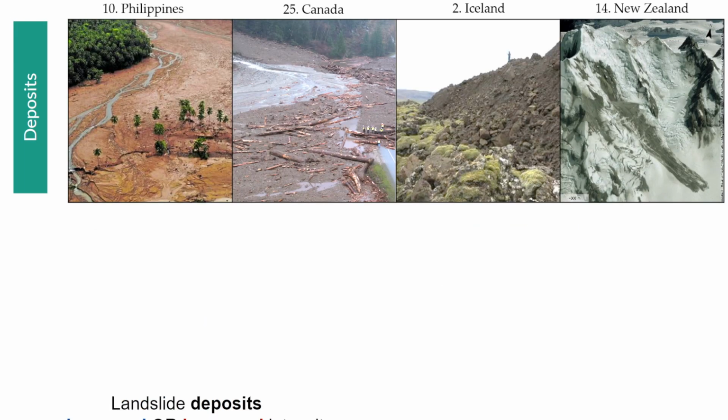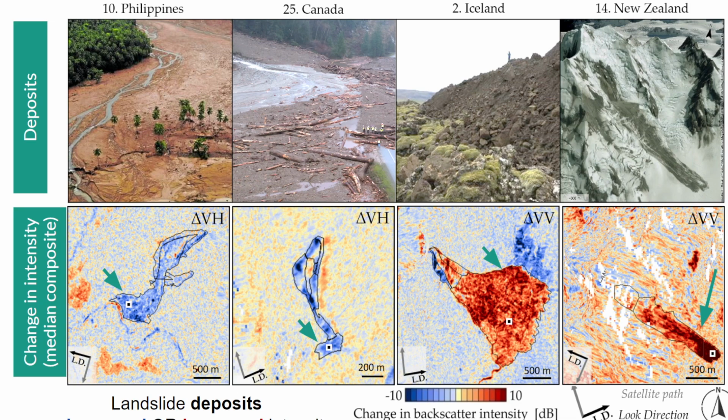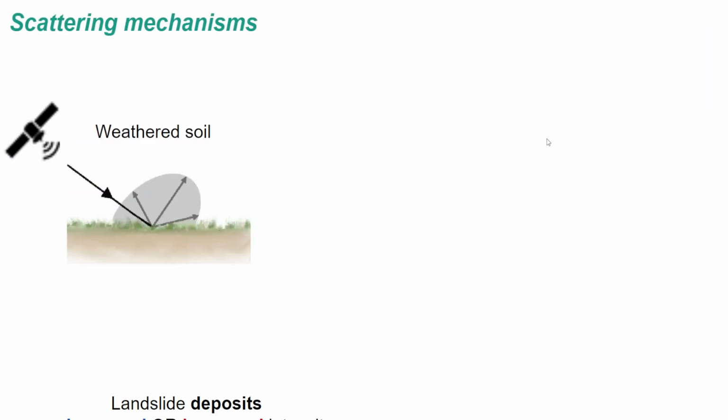So moving on in complexity, here we see examples of landslide deposits. On the left, you can see mud and silt deposits, and on the right, you can see rock avalanche deposits. In the SAR change images, you can see that the smoother deposits appear blue with decreased intensity, while the rougher rock avalanche deposits appear red with strongly increased intensity.